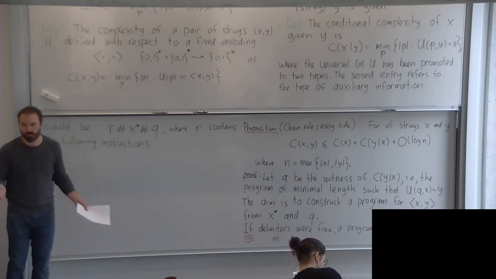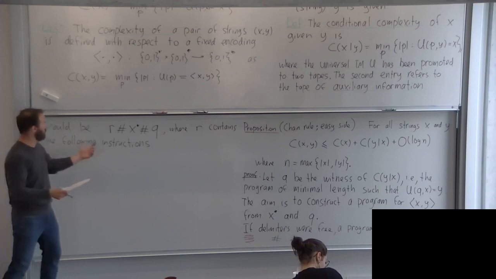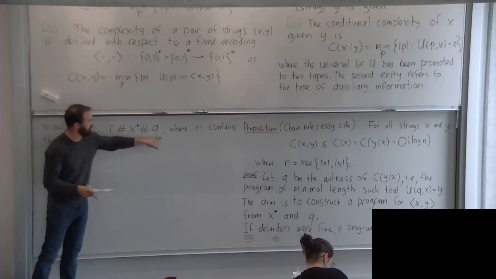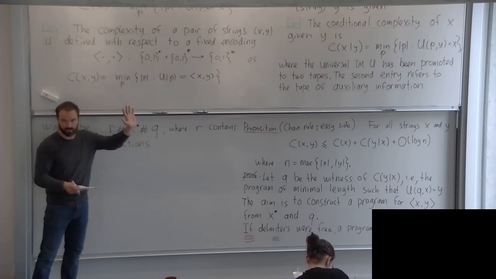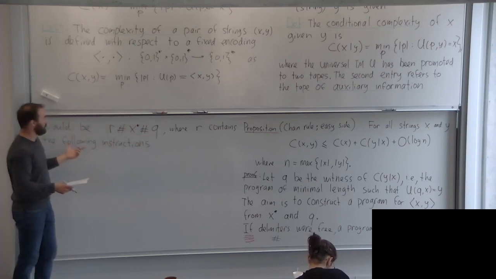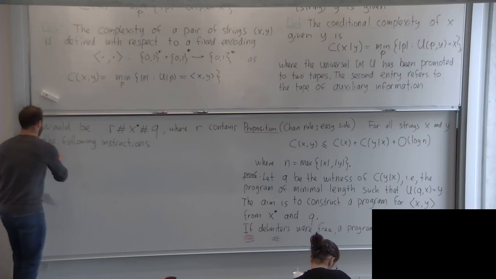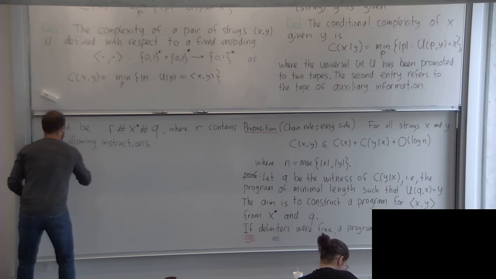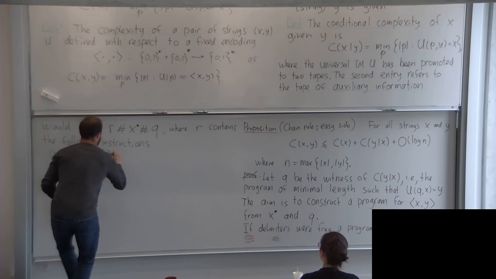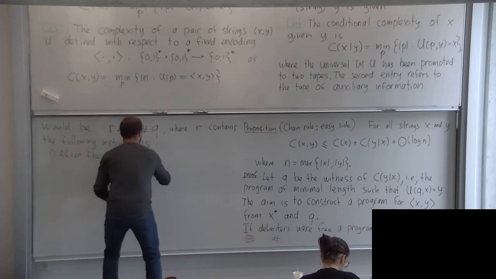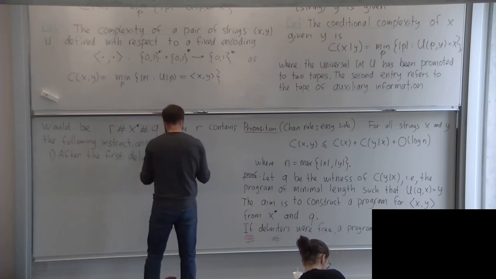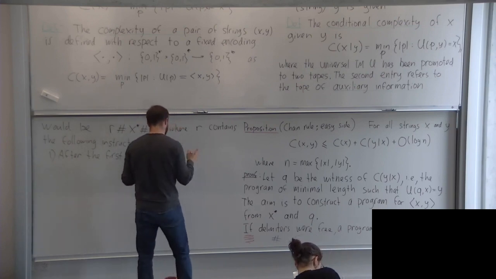And I've briefly mentioned them orally, right? R would be a constant size program. It does not depend on the size of x star, it does not depend on the size of q, so it does not depend on x, it does not depend on y. And it would contain the following instruction. First, after the first delimiter, a program is given to compute the first string.